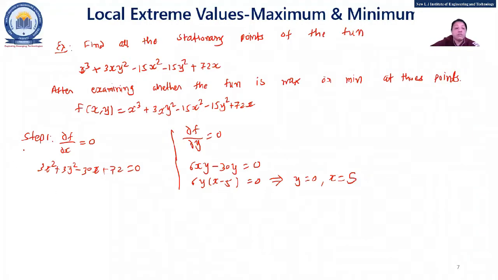So from step 1 we need to find the stationary points. Now we have y equal to 0, x equal to 5. Suppose this is my first equation. First, put y equal to 0 in equation 1. Just calculate quickly. What should be the value of x you will get?